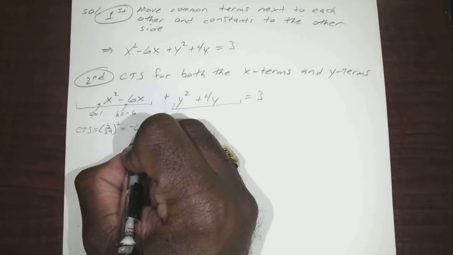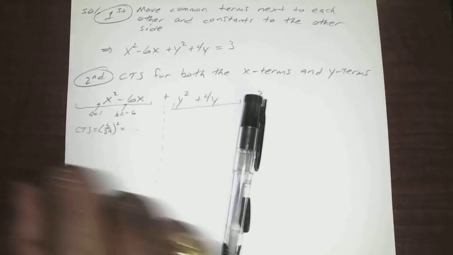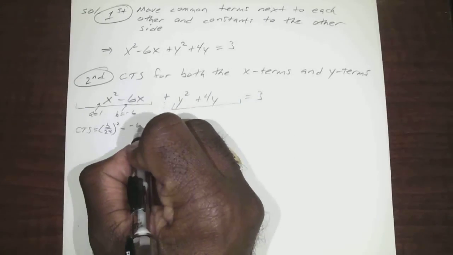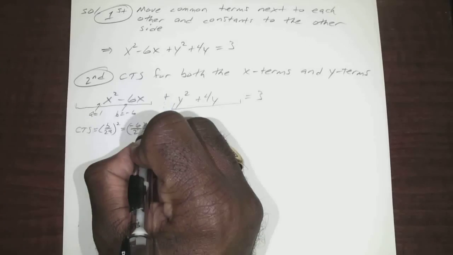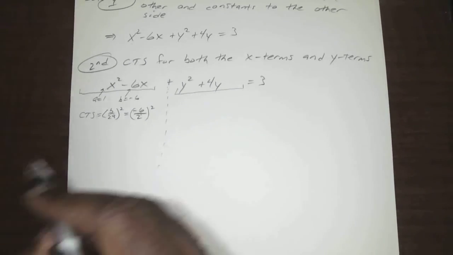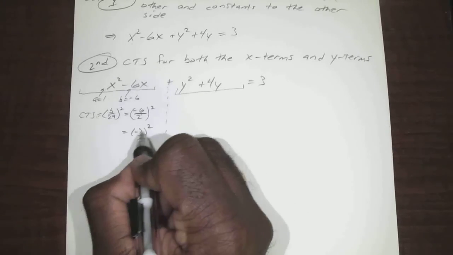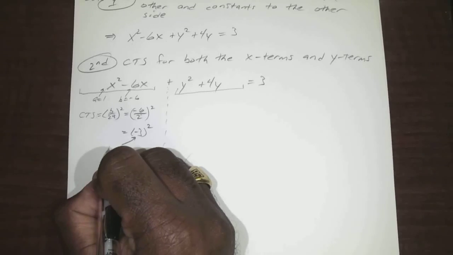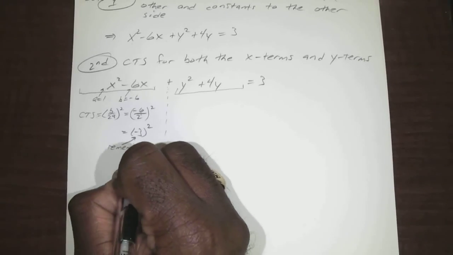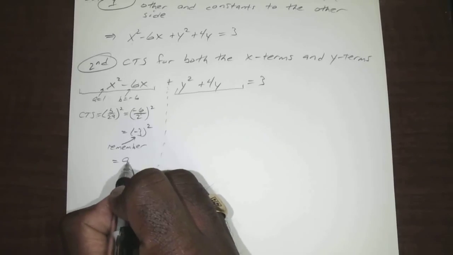So negative 6 divided by 2 squared, where we know that's negative 3 squared. And remember that value, which just gives us 9.